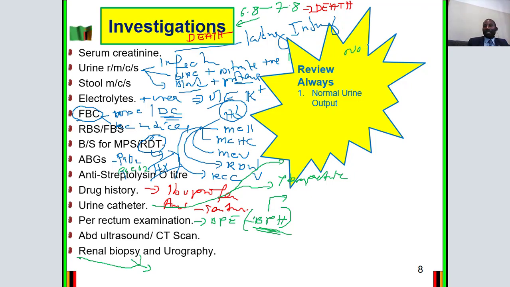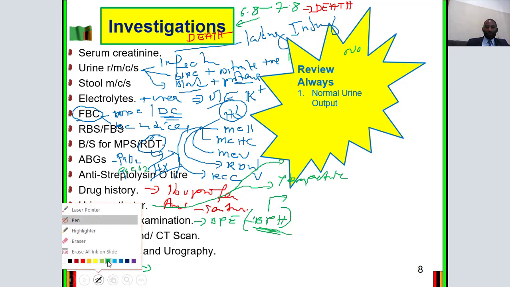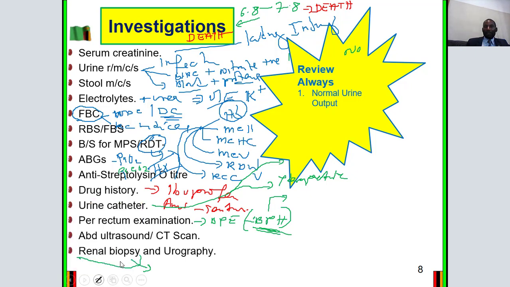Okay, we have normouria there. We may talk about oliguria there. We may talk about polyuria. We may talk about anuria. Okay, so that is very important.